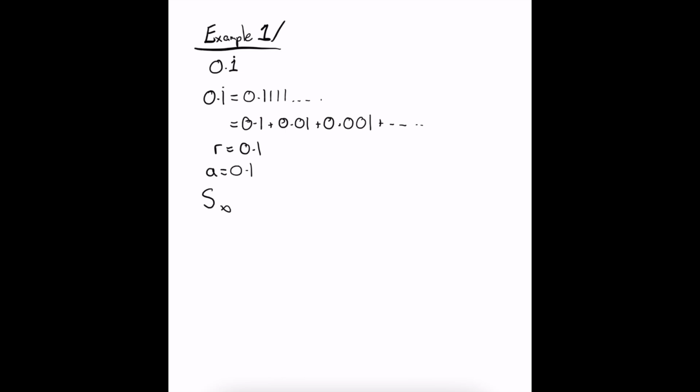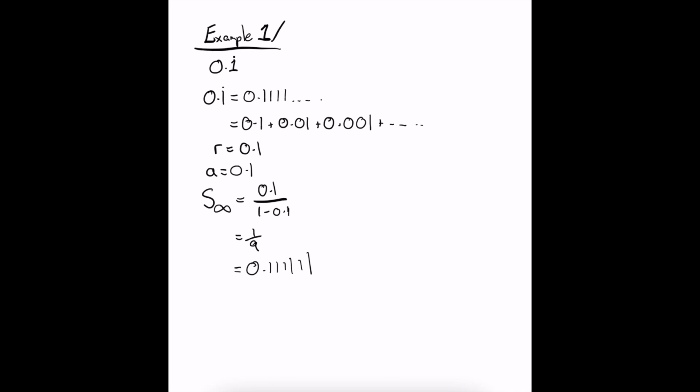We should know that the infinite sum of this series is going to be our first term A on 1 minus 0.1. When we plug this in a calculator, we get 1 over 9. Now, if you put 1 over 9 directly into your calculator and convert it into a decimal, you'll see that you get a 0.1111 result.